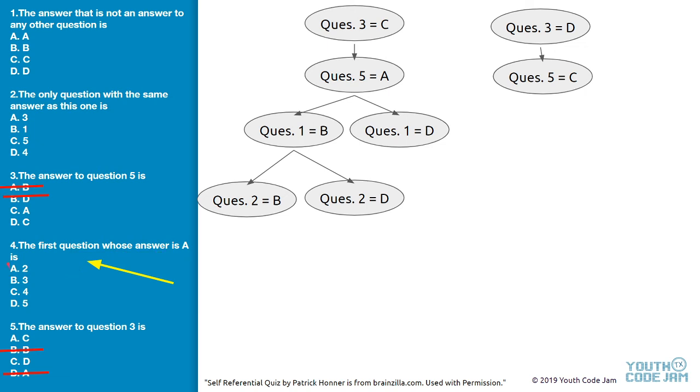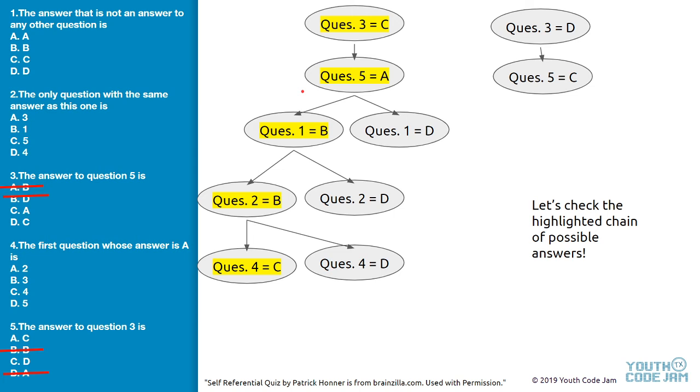Then maybe this one's A. So our answers will be either A or D. Oh, excuse me, C or D, because that would mean that number 4 is the first question whose answer is A. So the first question whose answer is A is either got to be 4 or 5, which means C or D are the answer.